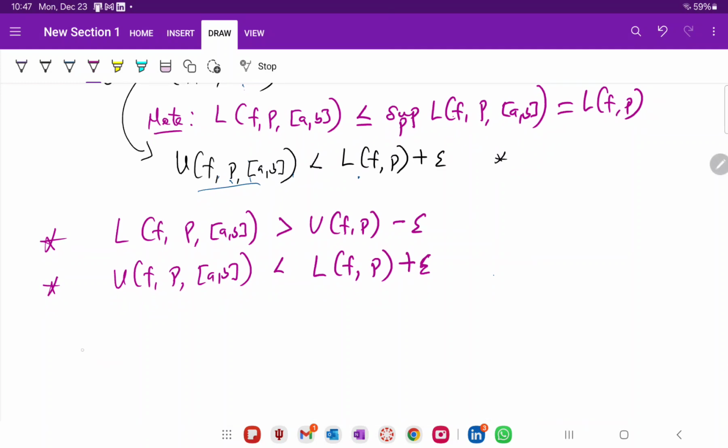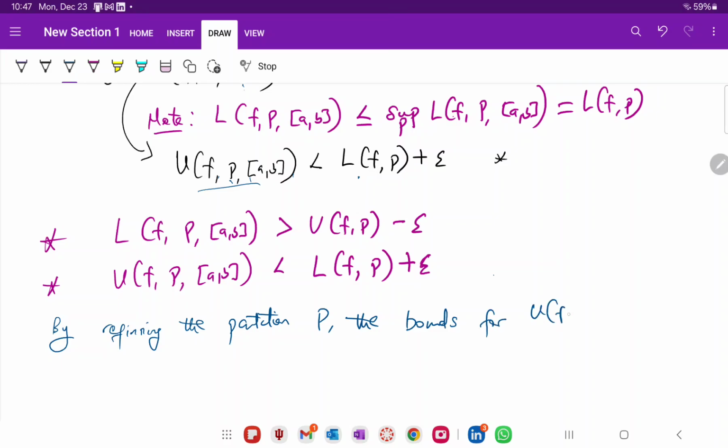by refining the partition. Partition being the bounds for the upper Riemann sum and the lower Riemann sum.